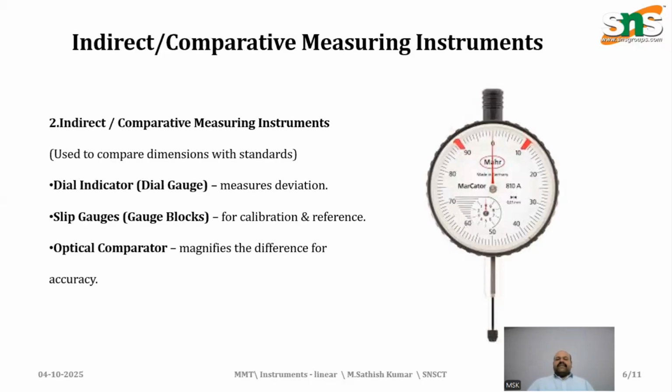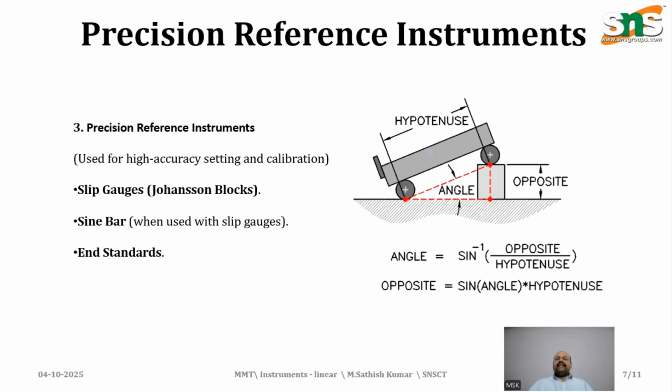The second classification is indirect or comparative measuring instruments. They are used to compare dimensions with standards, like dial indicator, slip gauges, and optical comparator. As the name indicates, they give only the variation of the dimensions, not the direct reading. The third classification is precision reference instruments.